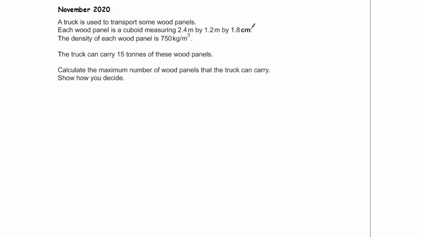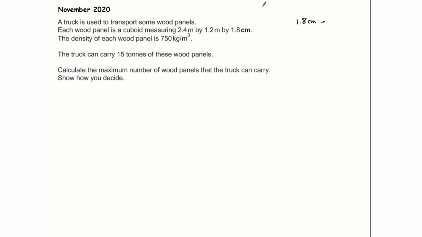If we then look at the information on the next line, the density of each wood panel is 750 kilograms per metre cubed. Therefore, I need to turn this 1.8 centimetres into metres to be able to carry on and do the calculation.